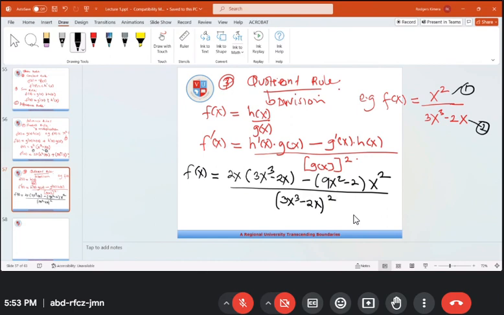Okay, substitution here is not enough. It is important that we go ahead and simplify the numerator, especially to its simplest form.